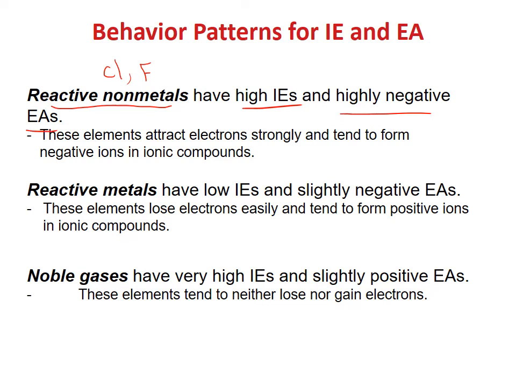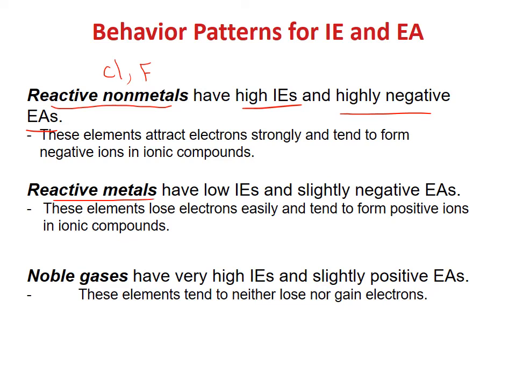Electron affinity is the energy change to add an electron. These elements like to add electrons. When an electron is added, the energy becomes very low, so it releases a lot of energy, giving a high negative electron affinity. These elements attract electrons strongly and tend to form negative ions in ionic compounds.